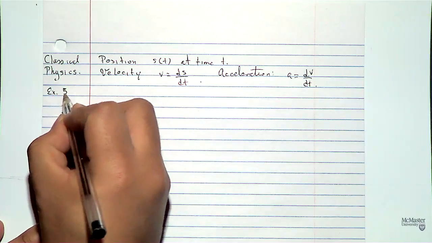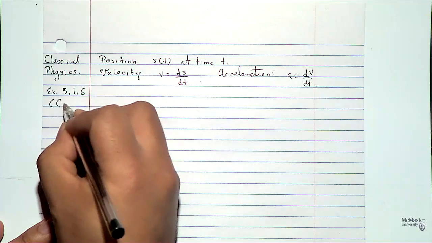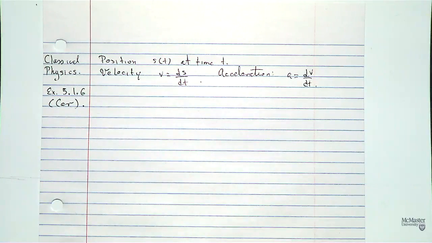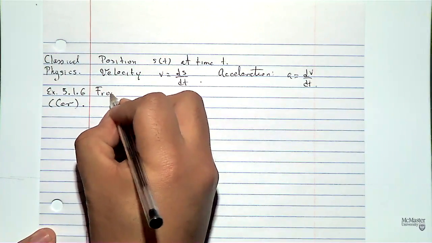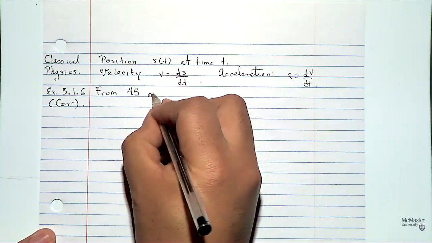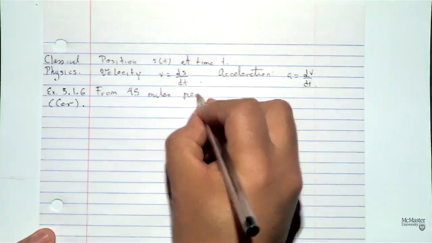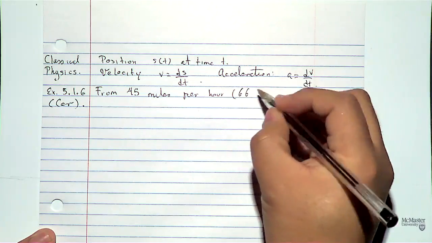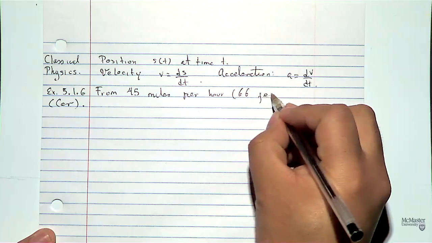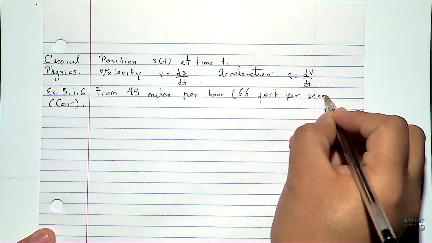The example that we will do, which is 5.1.6, it is related to the motion of a car, where the car has a velocity, and then it has a constant acceleration, and that's why its velocity, well, its speed actually decreases until it stops. So the initial velocity, you start from 45 miles per hour, which, if you do the conversion, is 66 feet per second.